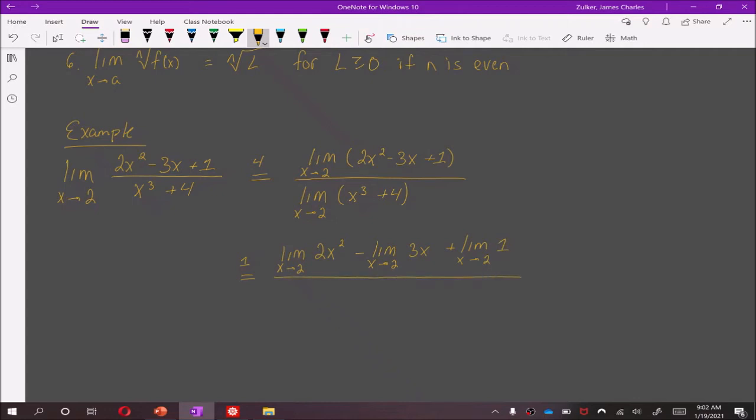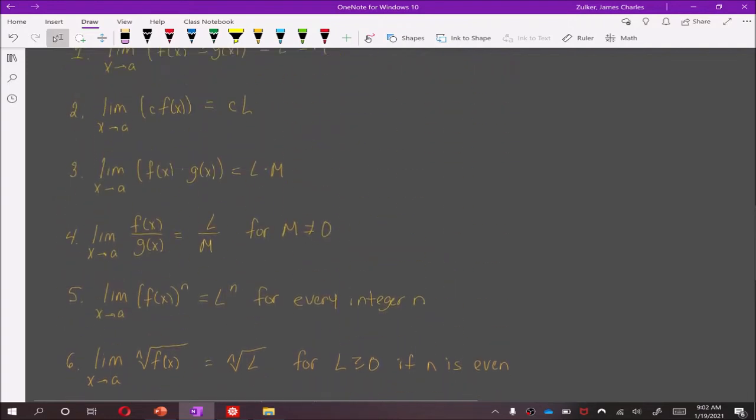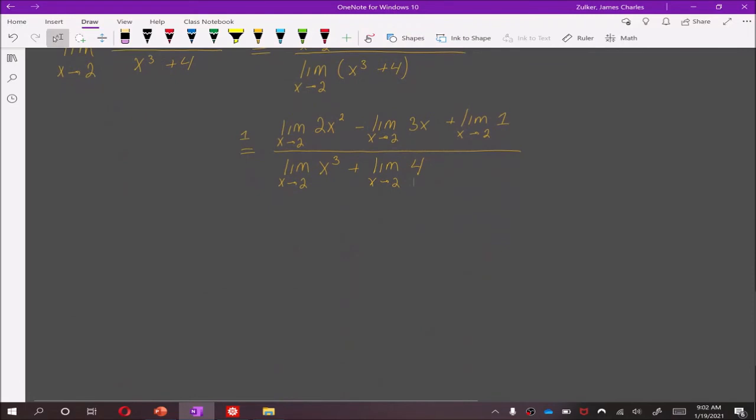And then the denominator we can write this way. Right, so now this limit here is a constant multiple. This limit here, constant multiple. So we can use the constant multiple law, which is law number 2, to rewrite the numerator.